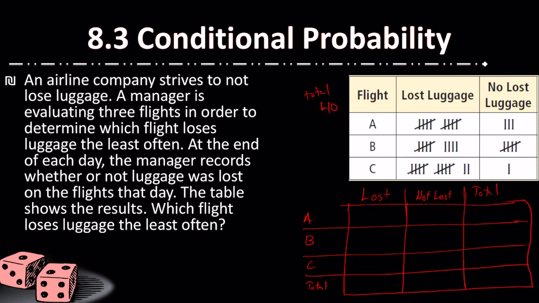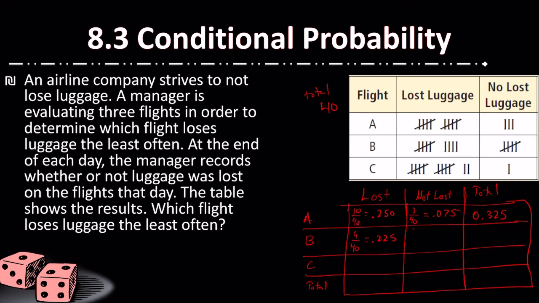So A lost was 10 over 40, or 0.250. The not lost would be 3 over 40, or 0.075, which gives us a total for A of 0.325 if I add those together. For flight B, there's 9 over 40 for lost, which is 0.225.